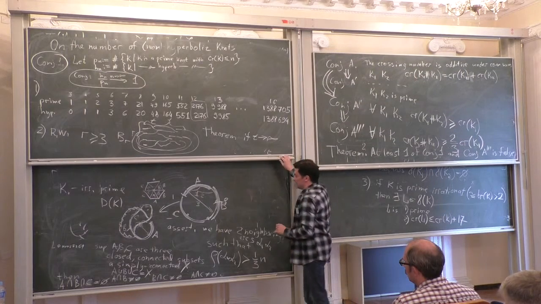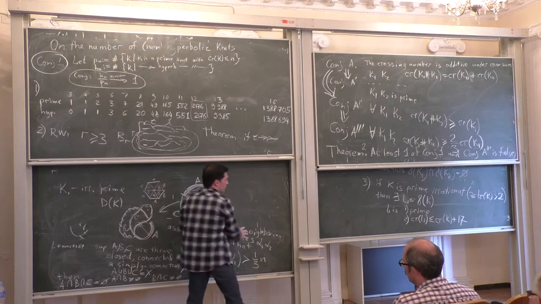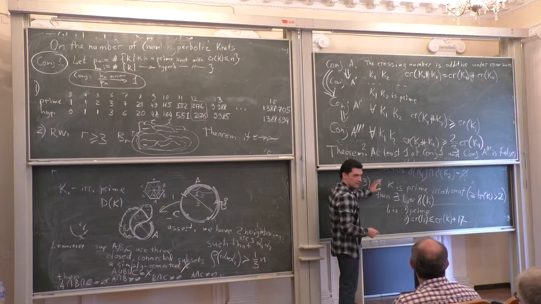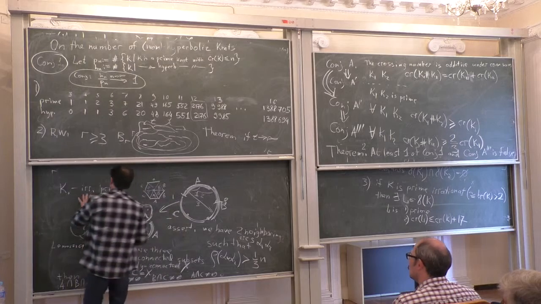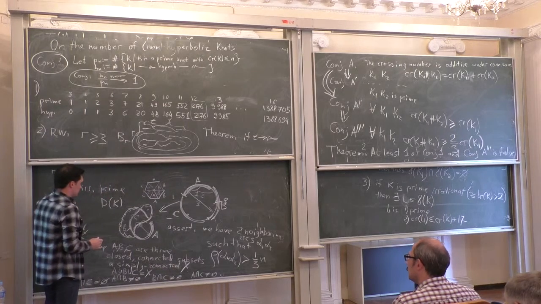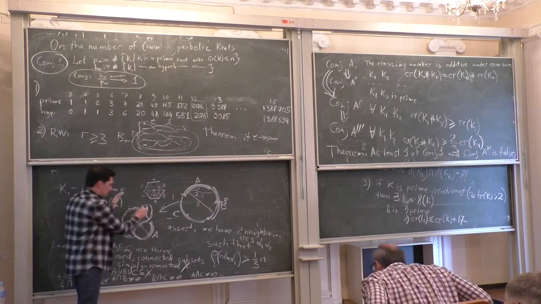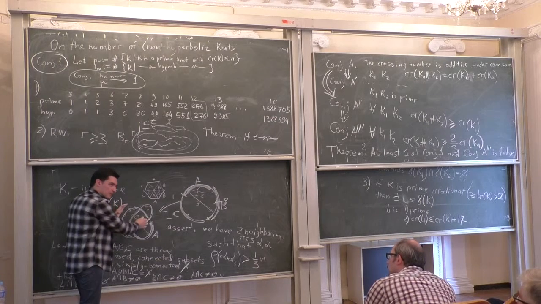And now the next step. From this assertion, I will get this. So I have an irrational prime knot. Then I take any minimal diagram.